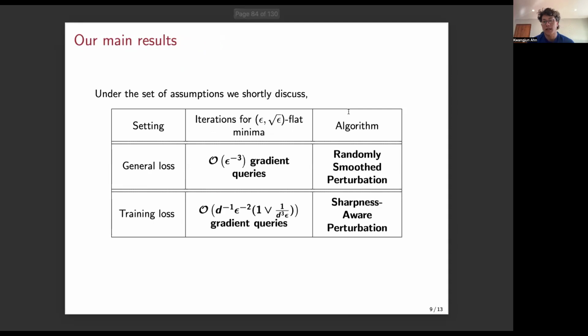And for the specific case of training loss, where it's in the form of empirical risk minimization, we can actually do better by doing more like a sharpness-aware minimization technique, which we call sharpness-aware perturbation, and we're going to discuss this also shortly.